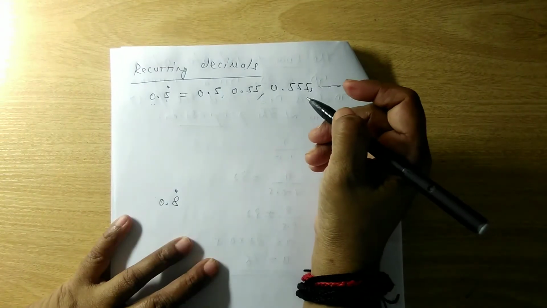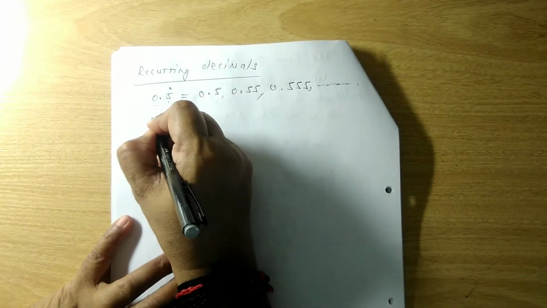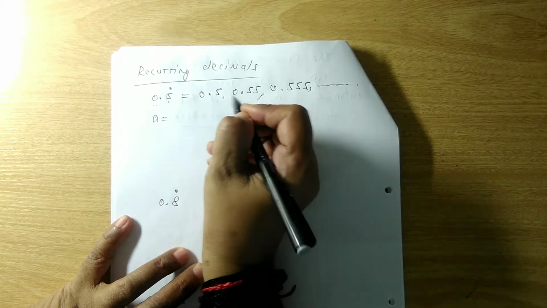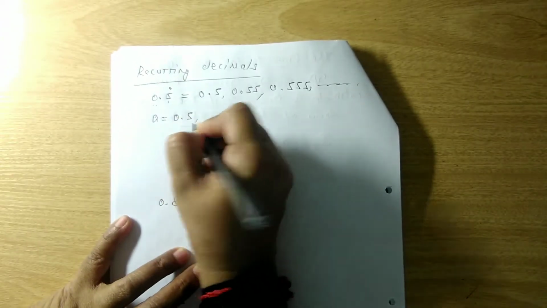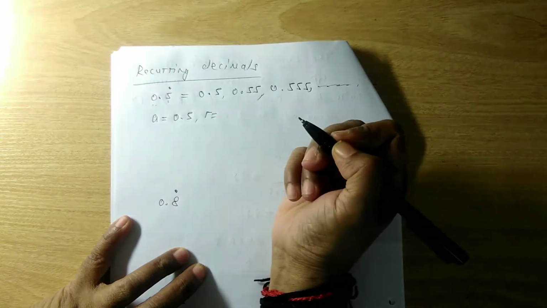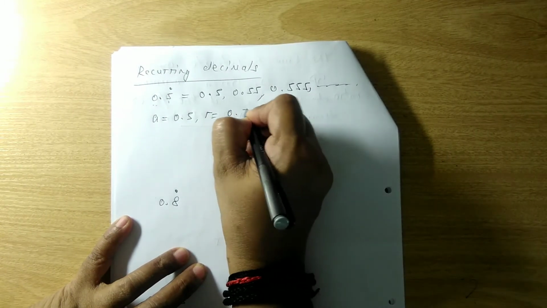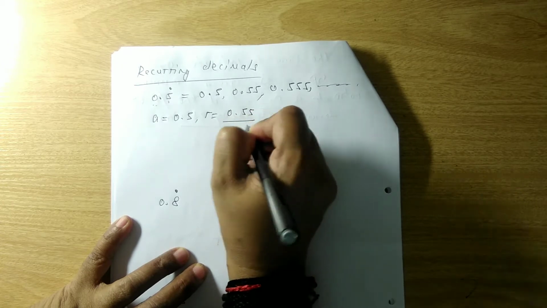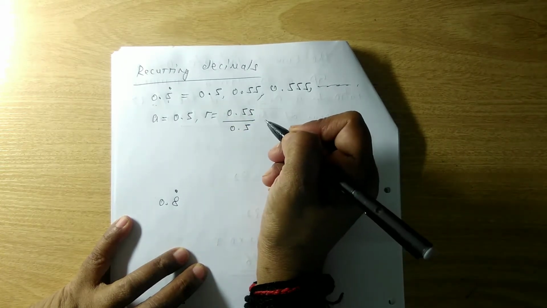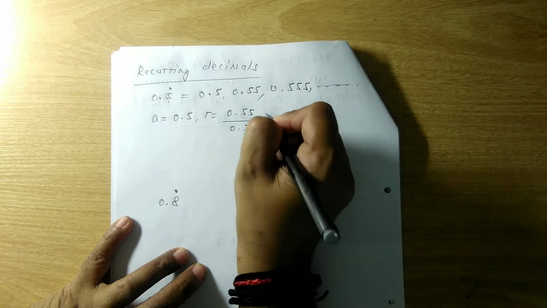So now my a from the progression is 0.5, and my r will become 0.55 over 0.5.